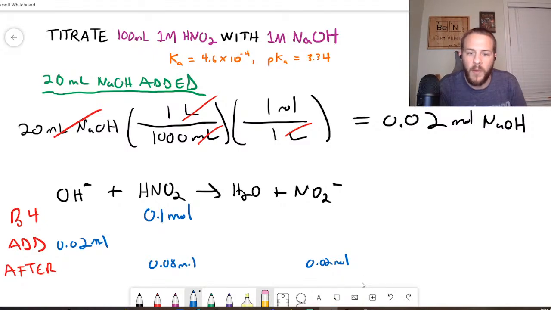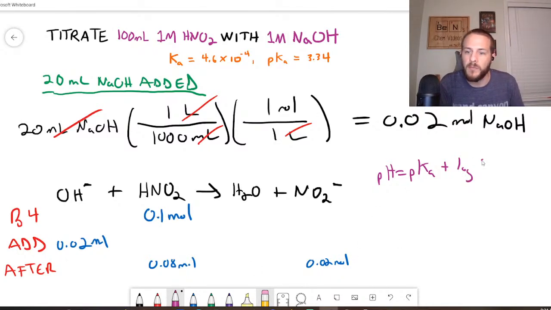At this point, we can simply use the Henderson-Hasselbalch equation once again to solve for pH. pH is equal to pKa plus the log of the concentration of base over the concentration of acid.